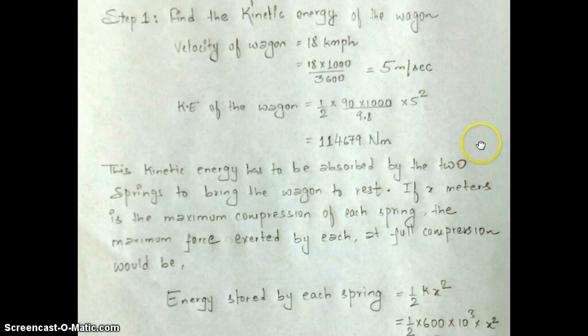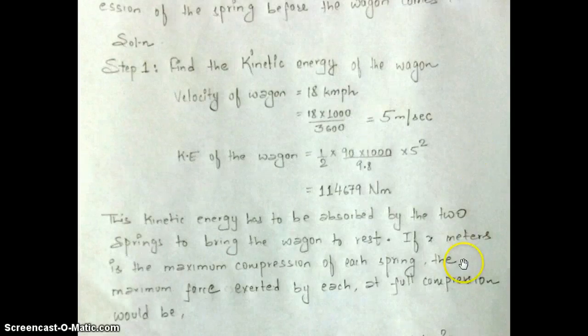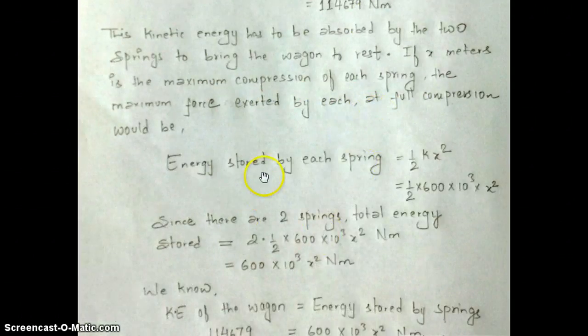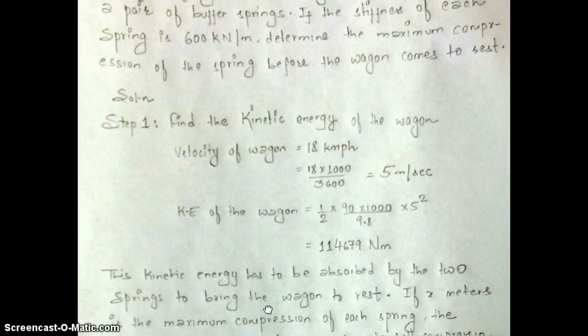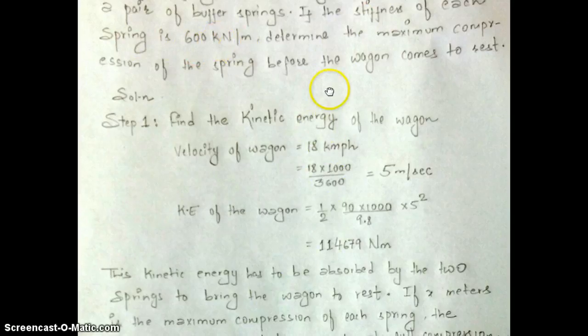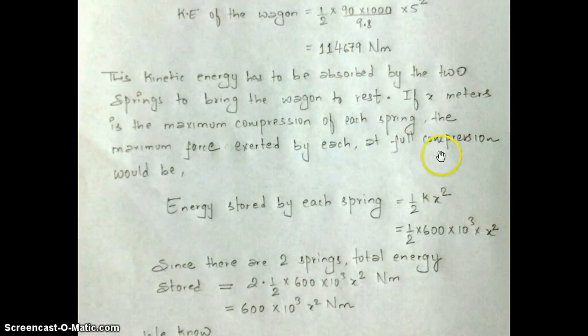So now if x meters is the maximum compression of each spring, the energy stored by each spring equals half times k times x squared. The k is the stiffness, which is already given to us, 600 kilonewtons per meter, and x is the distance traveled.